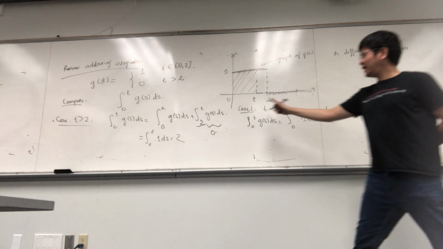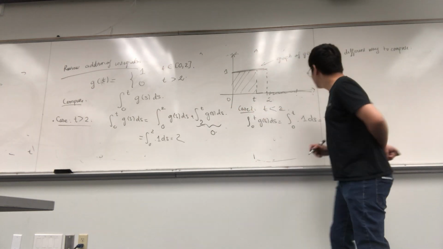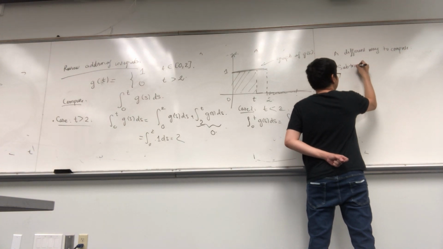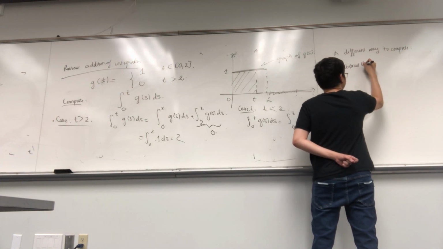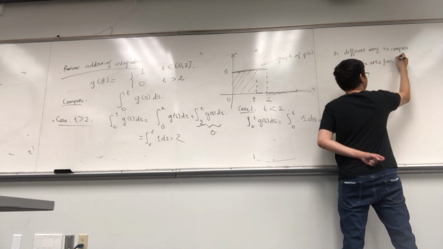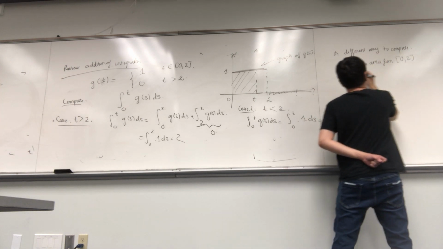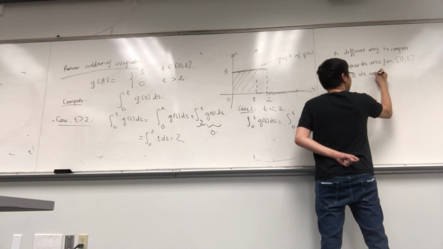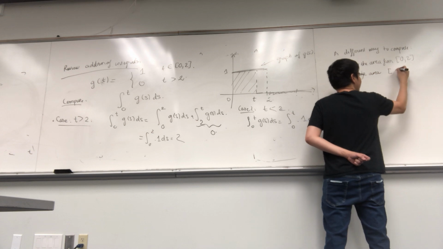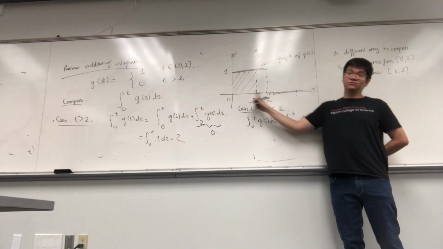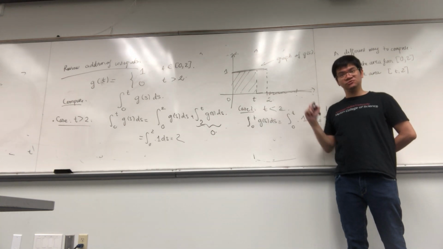We're going to subtract the area from 0 to 2 and the area from t to 2.